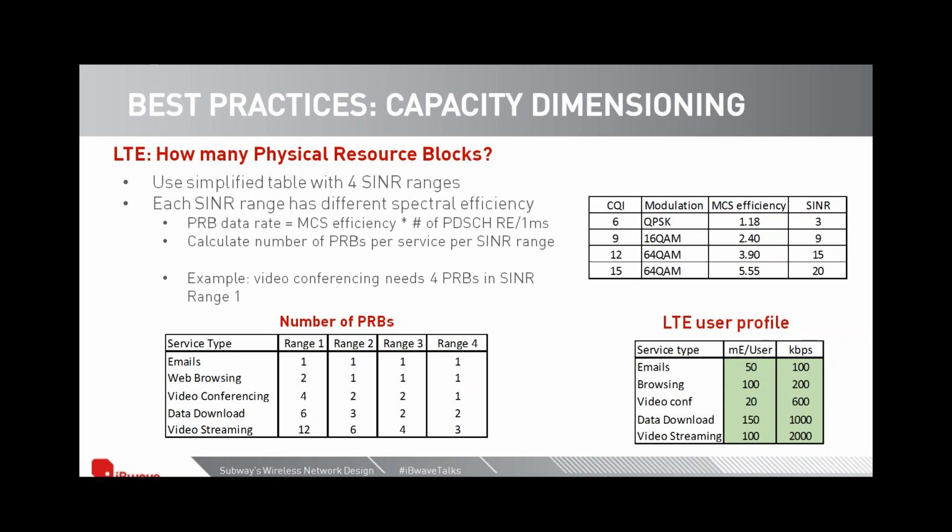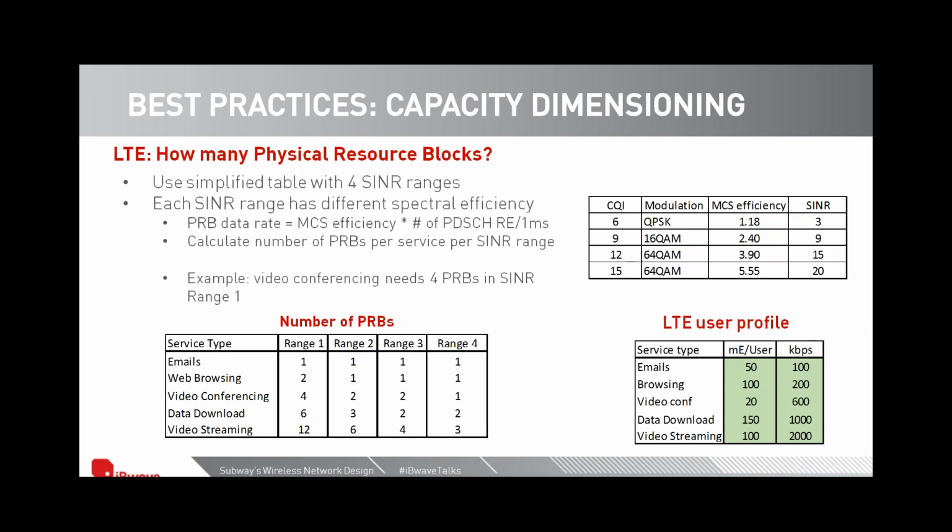Why is that? It is because the spectral efficiency is lower for lower type modulation. So basically, the PRB data rate, physical resource block data rate, is spectral efficiency times number of the PDSCH resource elements divided by 1 millisecond.